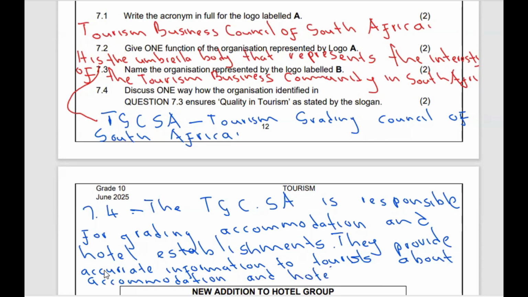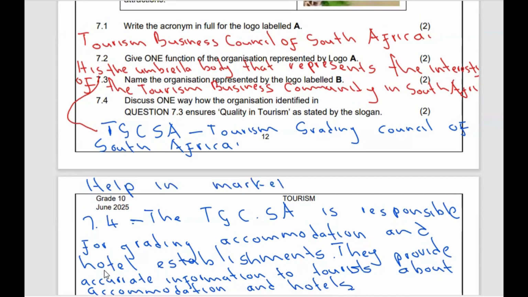In addition to that, they also help in marketing hotels. They help in marketing hotels and hotel establishments on their website.